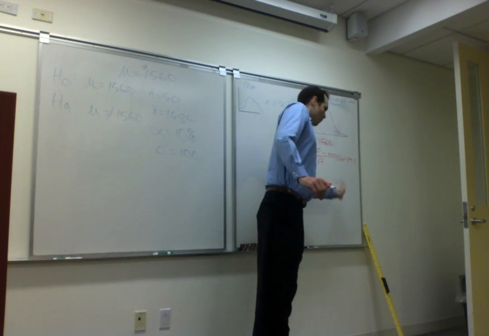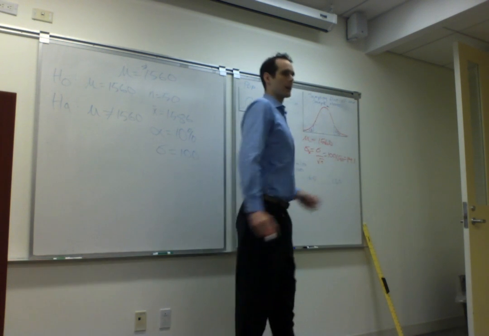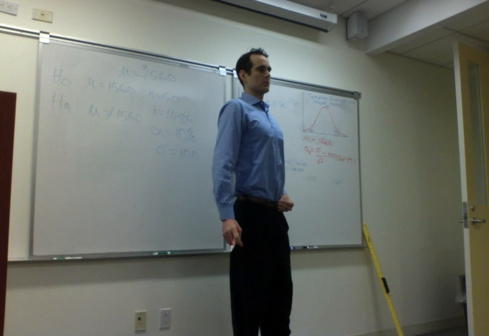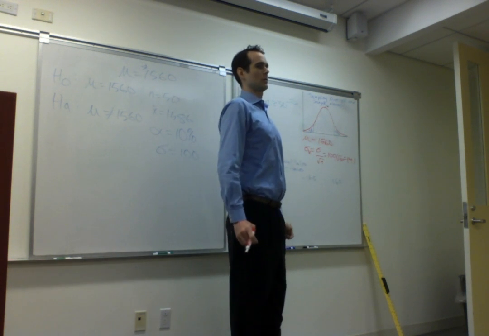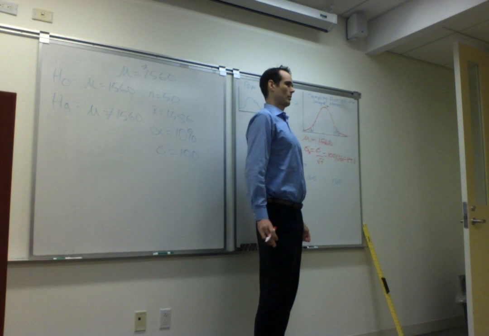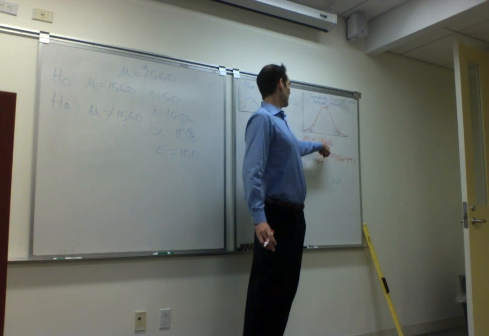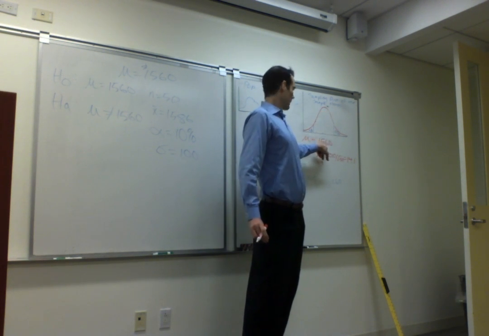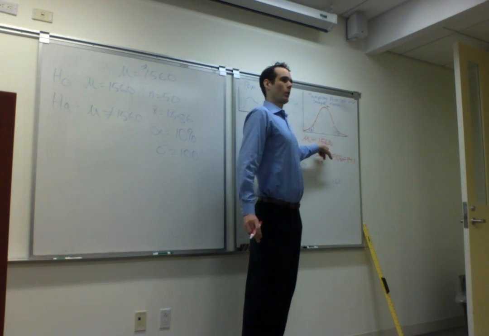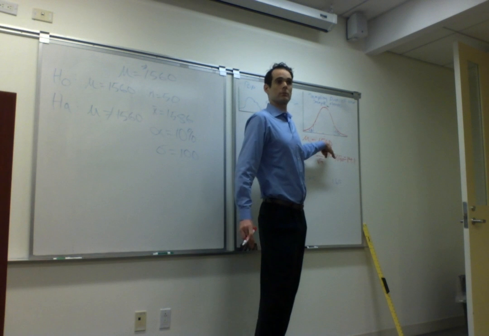What is going to be the threshold where above that number we reject, below that number we do not reject? Again, we're assuming the null hypothesis, we're assuming that the mean of the sampling distribution of the sample means is 1560. So we need to add 1.65 standard deviations to that number.